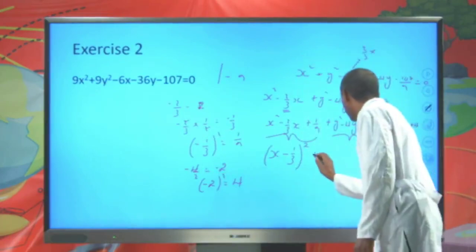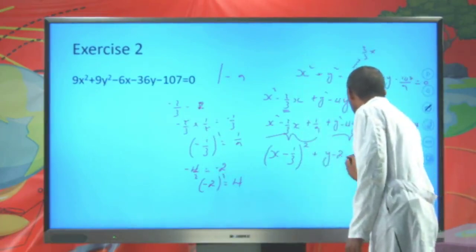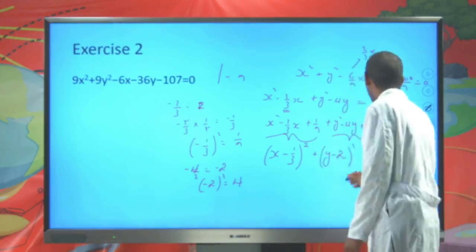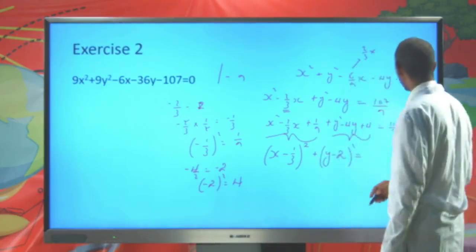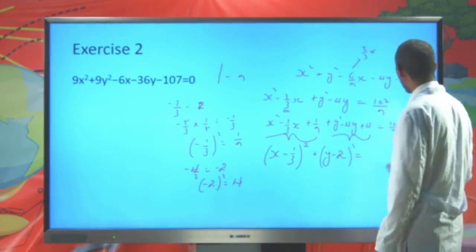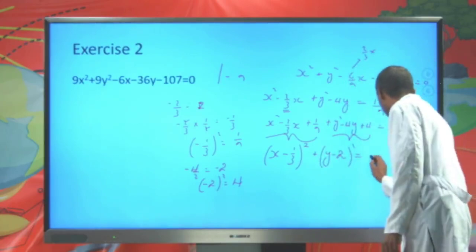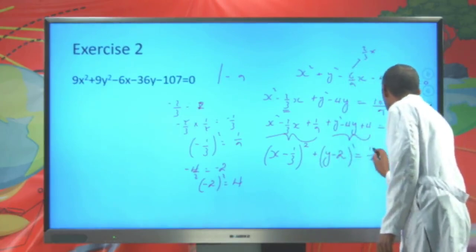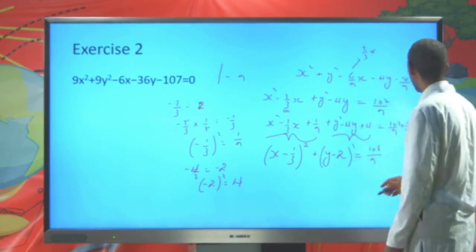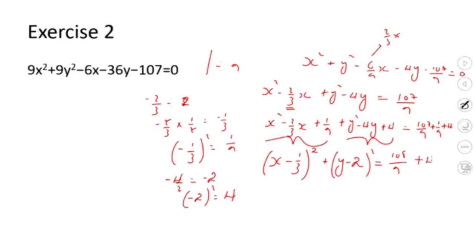Then this becomes y minus 2, the whole square. Then let's try to simplify the other side of the equation. If we add 107 over 9 plus 1 over 9, since they have the same denominator, we get 108 over 9 plus 4.